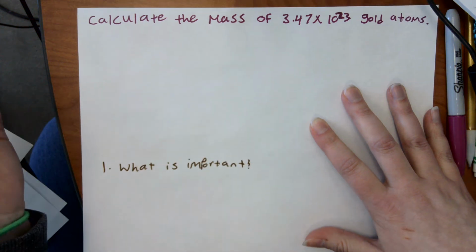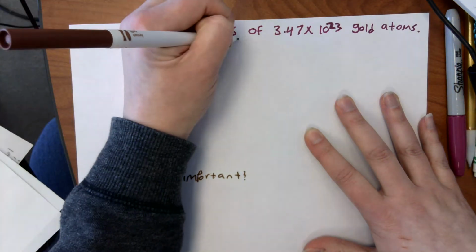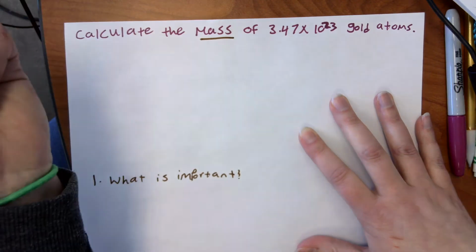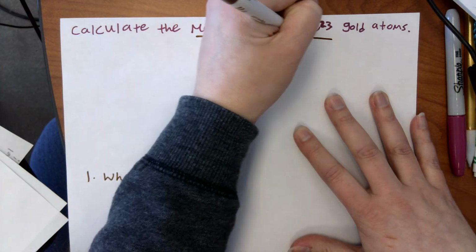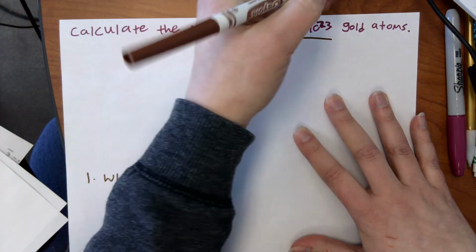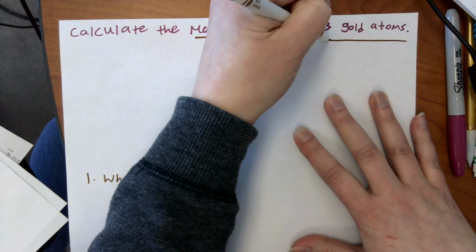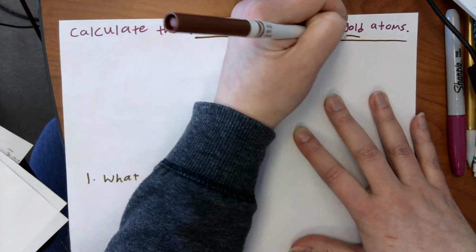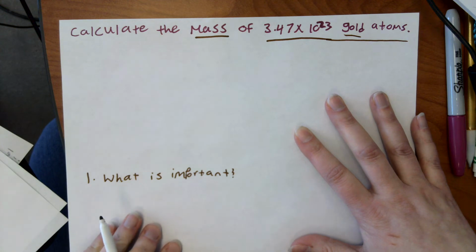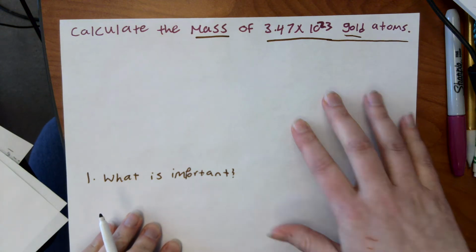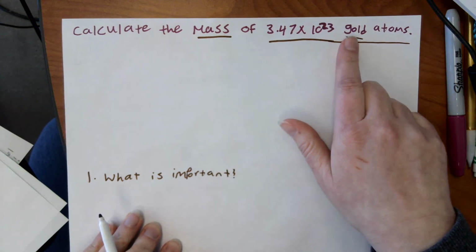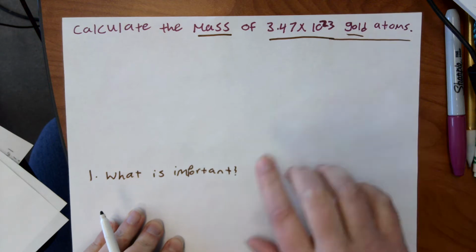We have the word mass. That seems important. This number also seems important, and we have to make sure that we understand that it's gold atoms. Okay, so these things seem important.